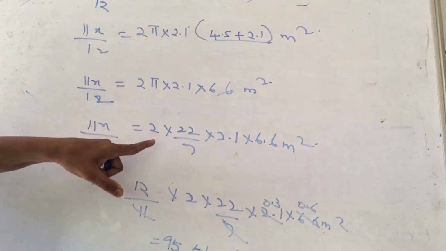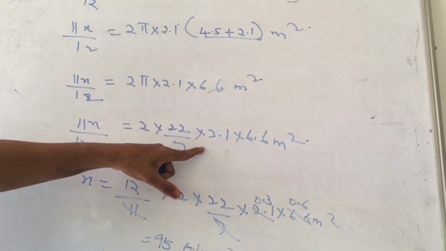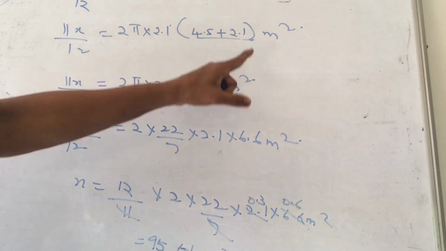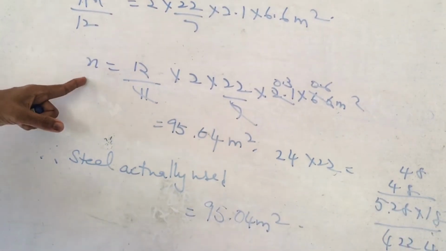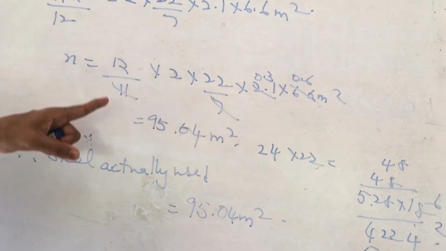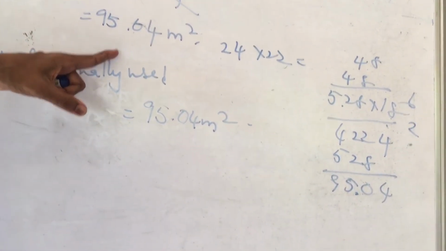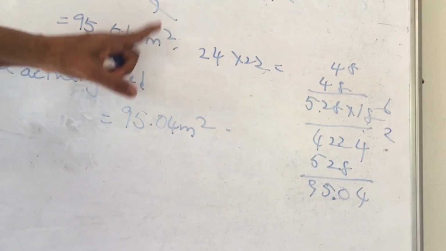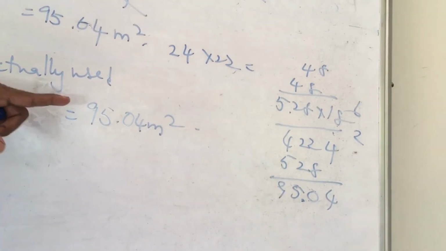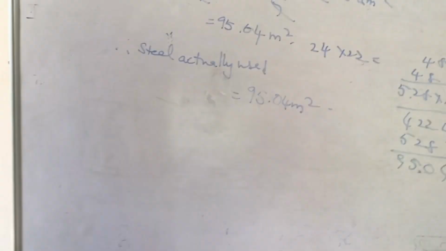Pi means 22 by 7, R is 2.1, 4.5 plus 2.1, 6.6, X value 11 by 12 cross multiply, that is equal to 95.04 meters square. Steel actually used is equal to 95.04 meters square.